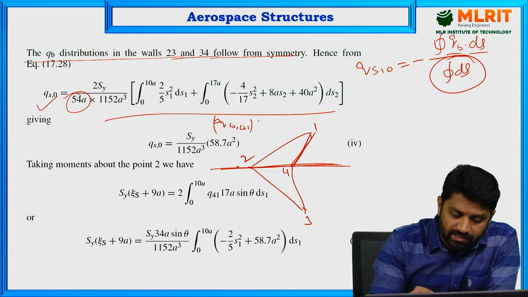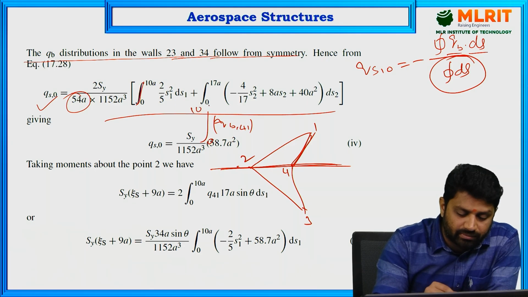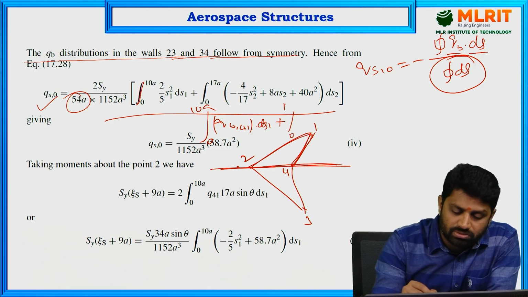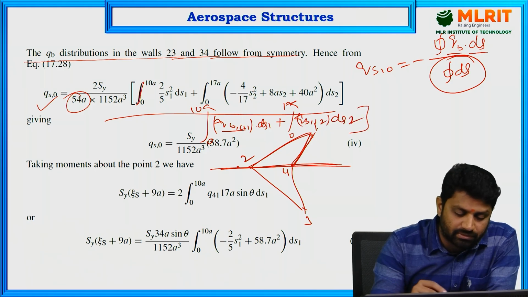That is 10a. So instead of writing 10a, I am taking the integral from 0 to 10a with ds1, and then plus the second one, 1 to 2, which is again integral 0 to 17a, writing QB12 into ds2. That's it for the numerator.